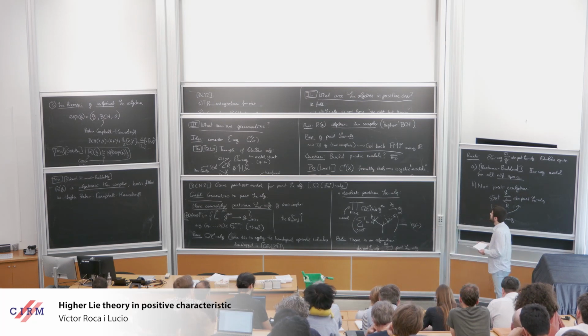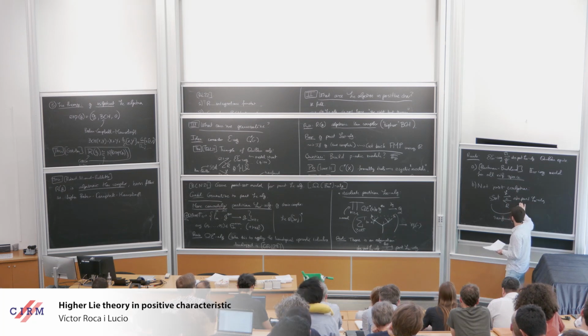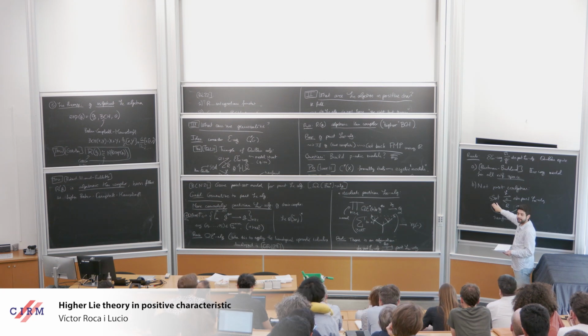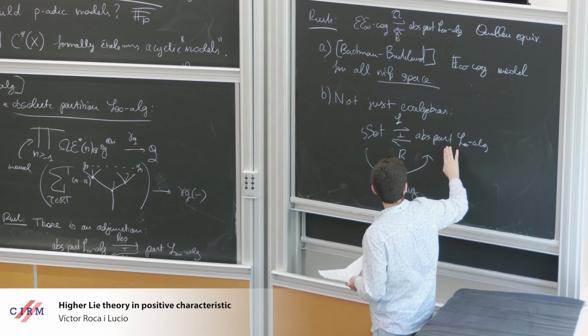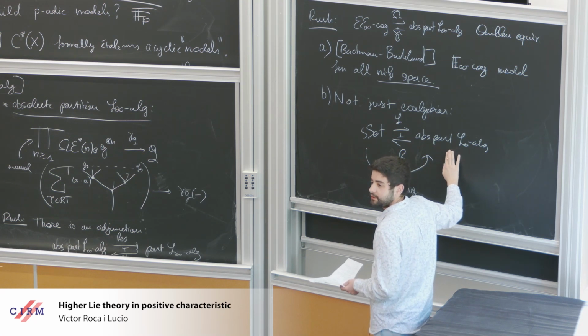But the fact is that you can still recover the homotopy groups of whatever you get when you integrate a partitional infinity algebra from some elements in the partitional infinity algebra.